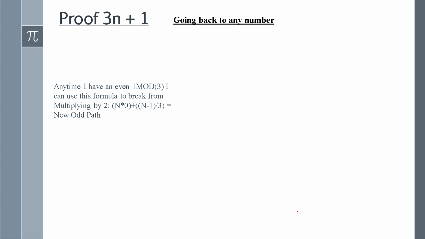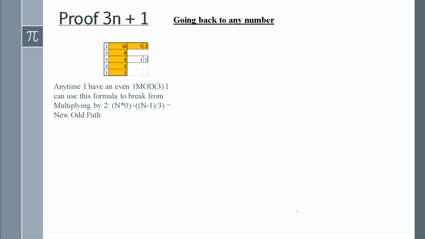So anytime I have a 1 mod 3, I can use the formula to find a new odd path. So what does that mean?